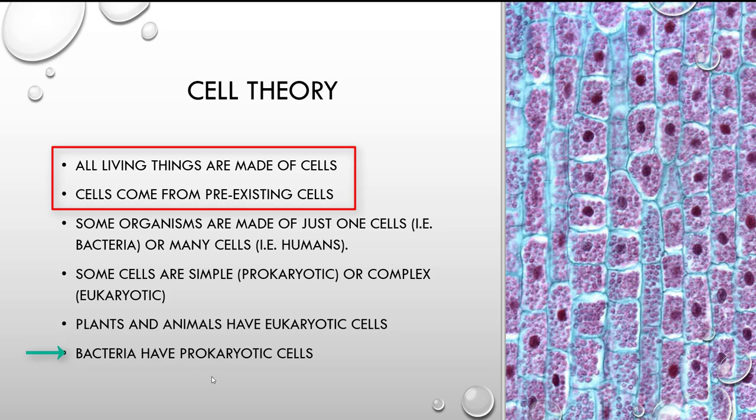They don't have a nucleus. Those are just some things I included from the microscope slide. But the main thing is that cell theory states all living things are made of cells, and cells come from pre-existing cells. So make sure you remember that.